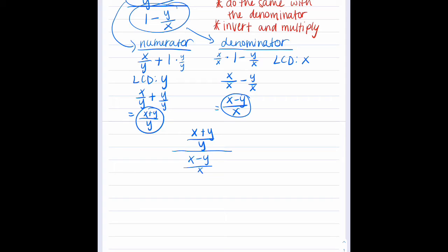Okay, and then our third step is invert and multiply, which means we're going to flip that bottom fraction and multiply instead. So it's going to be x plus y over y, times this fraction flipped, which is x over x minus y.